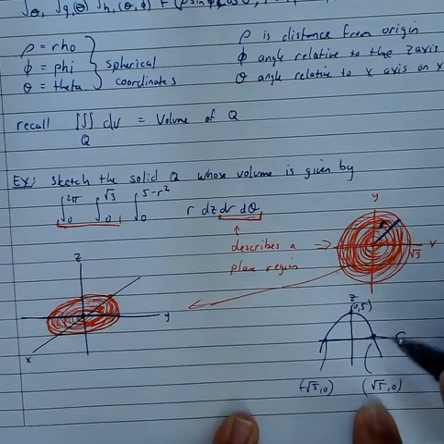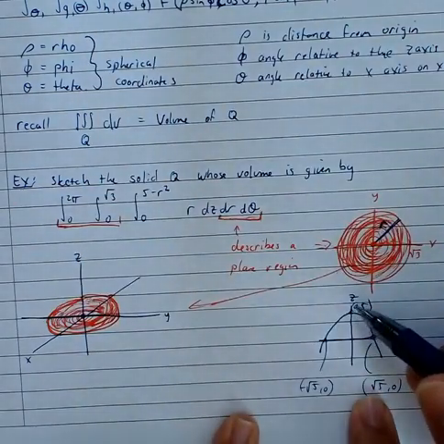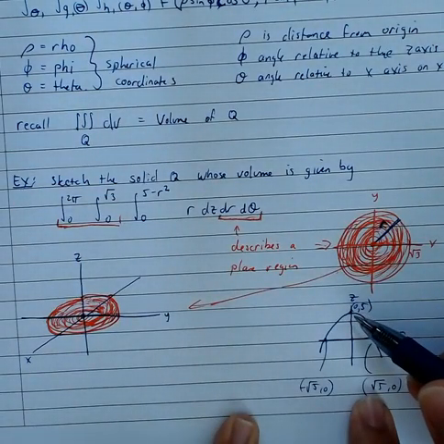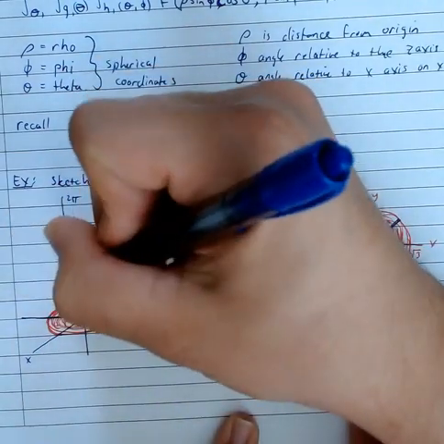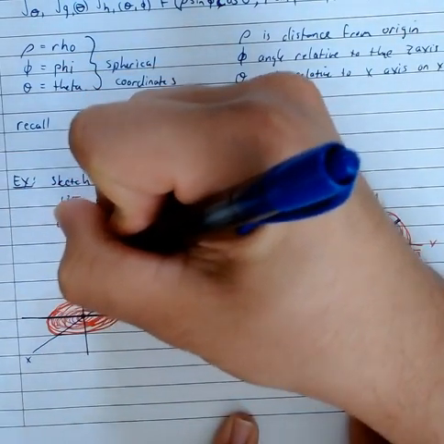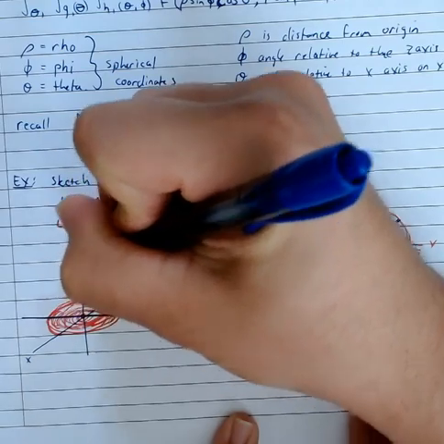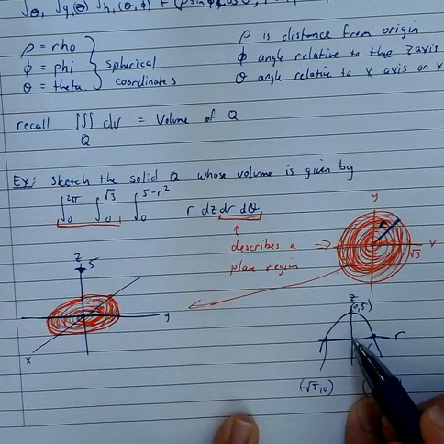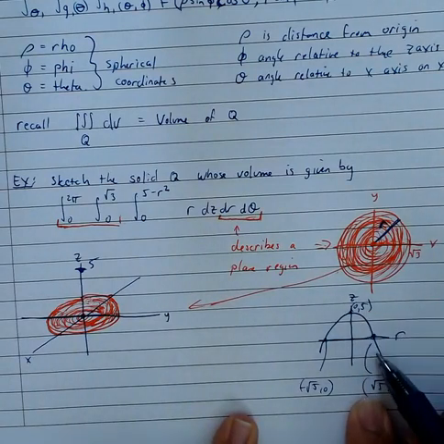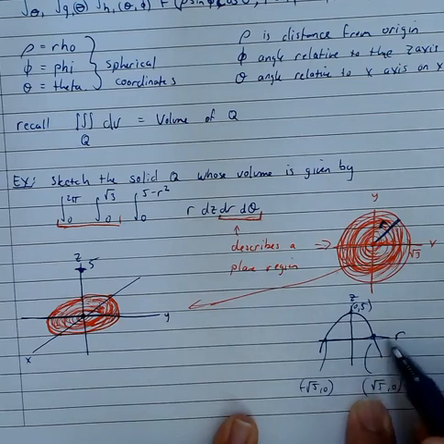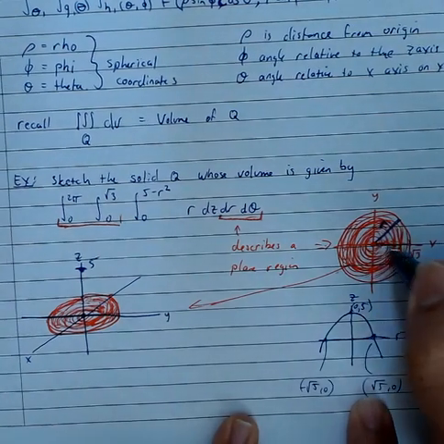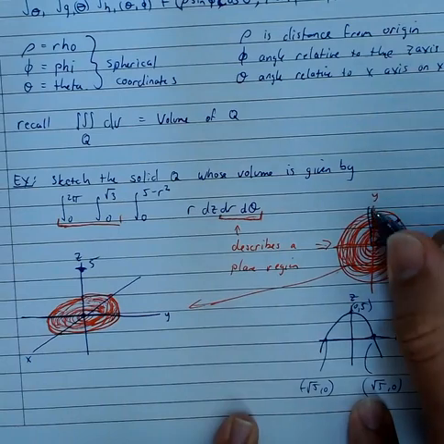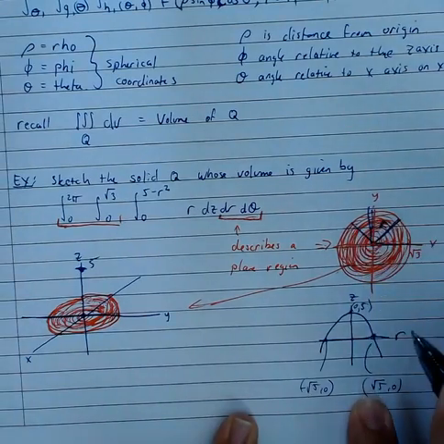So that means my z will go up as far as 0, comma 5. So this will go up as high as 5 steps, just like that. And now, if I go out as far as the square root of 5 units, that'll bring me back down to the plane. And that'll be true in every direction because, of course, here r is true in every direction. It's a circle, so it doesn't matter which direction I look.